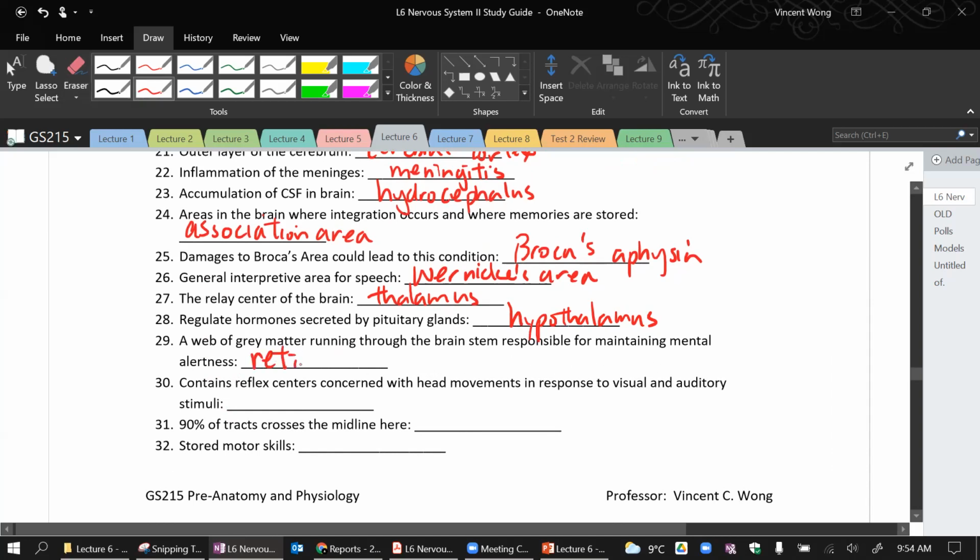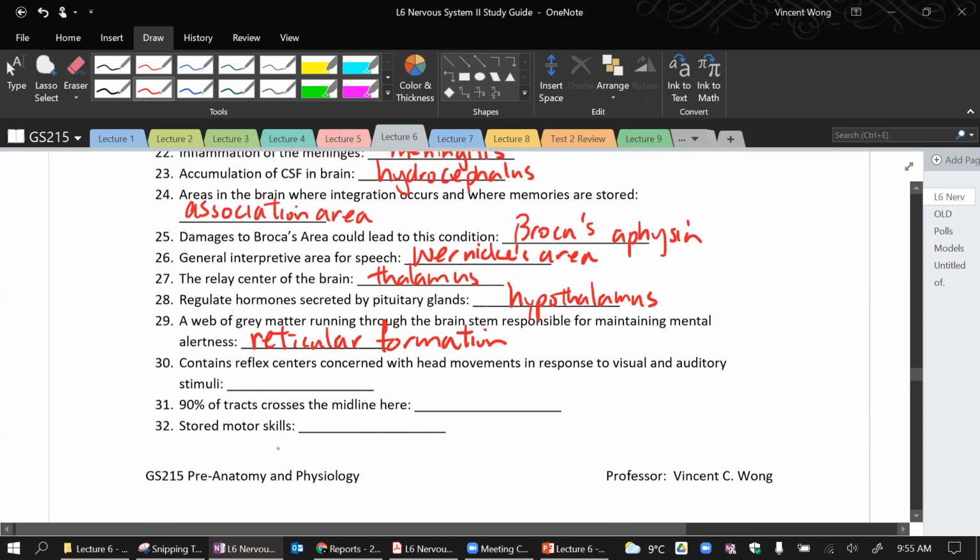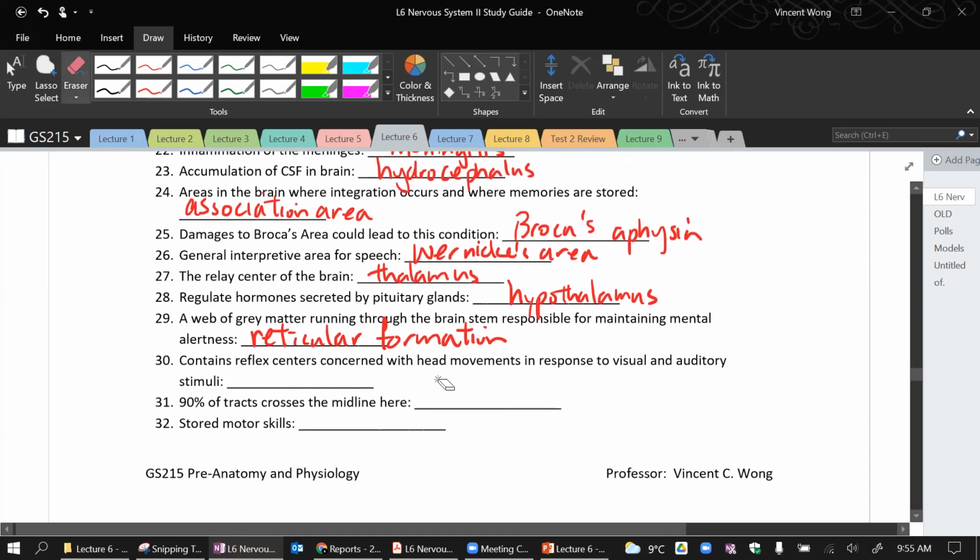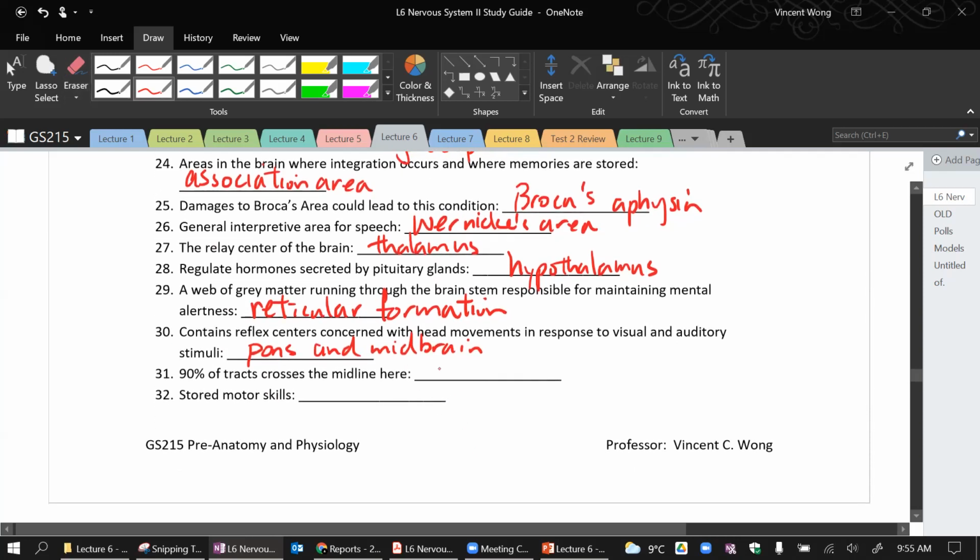That is the reticular formation. Continuous reflex centers concerned with head movement in response to visual and auditory stimuli. That is the pons and midbrain. 90% of tracts cross the midline at the medulla oblongata.